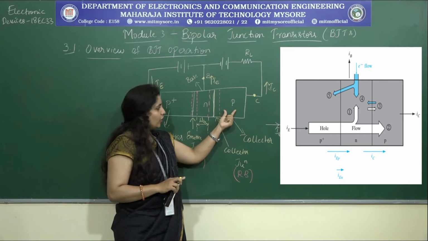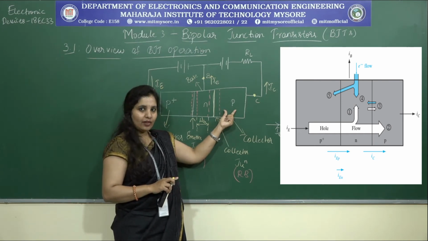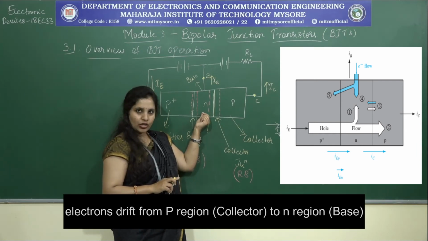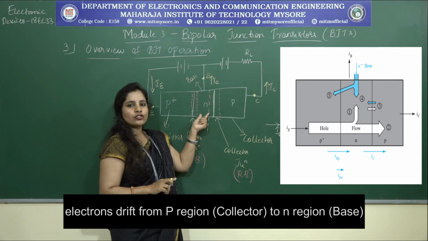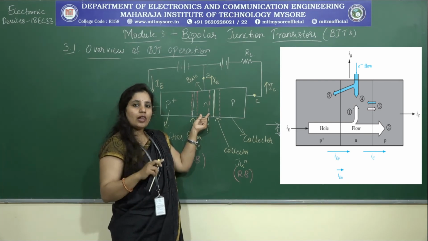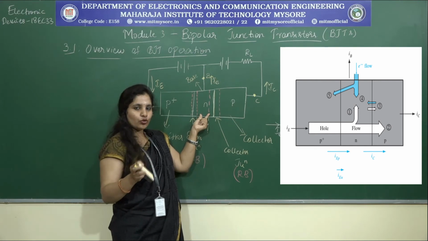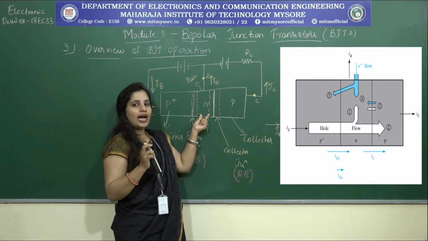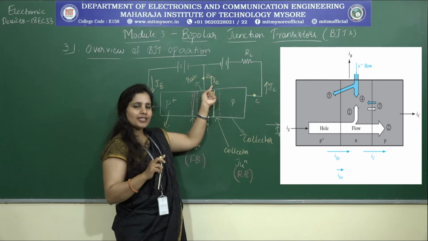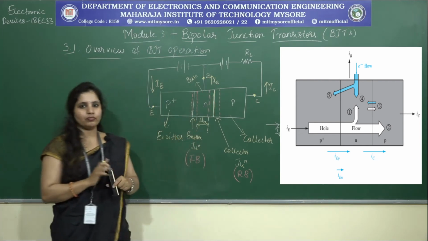Now if these minority charge carriers can diffuse and get into the N region, what happens to the number of electrons present in the N? It is trying to increase, which in turn will help with the compensation that I am trying to do because of the first two reasons. As a result, what happens to the IB current that I can see in the device? It will be reduced. Done.